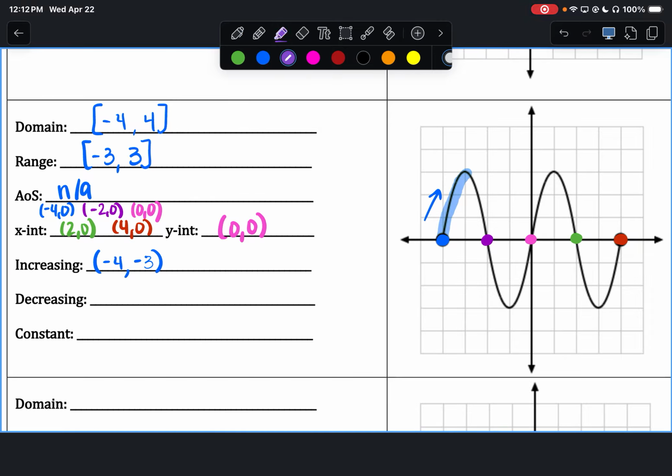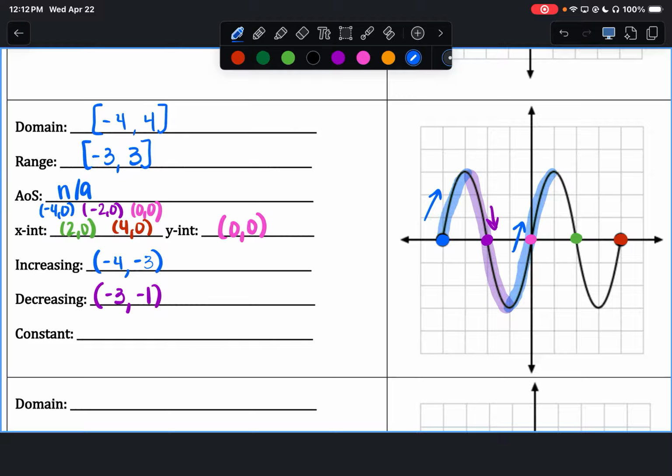Then the graph switches to what? Decreasing. Where does that section start decreasing? Where does it stop? All right, what does our graph go to after that? It's back to what? Increasing.